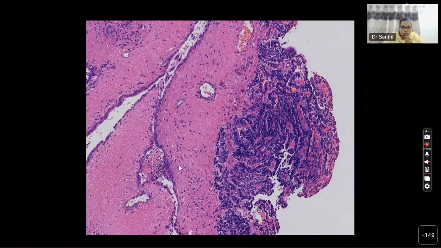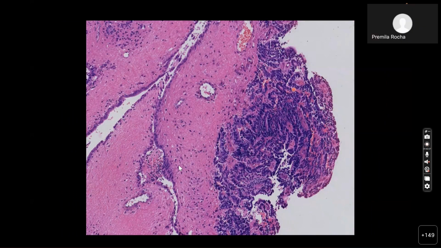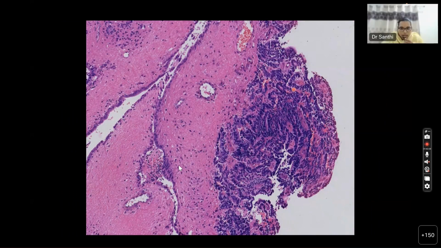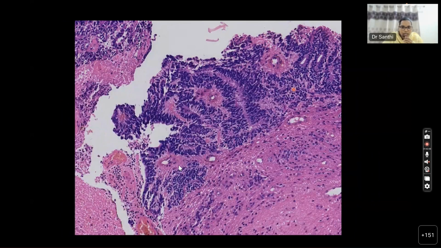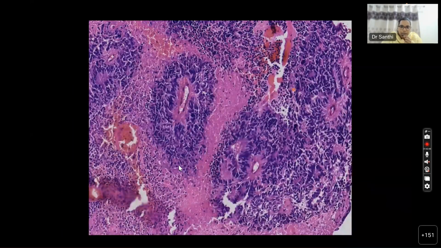Here the tumor appears to be circumscribed from the surrounding parenchyma, and we can see true ependymal rosettes and pseudo perivascular rosettes, rosette arrangement of the tumor cells. Here also the perivascular arrangement and true rosette formation can be seen.